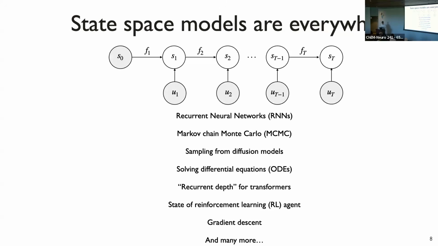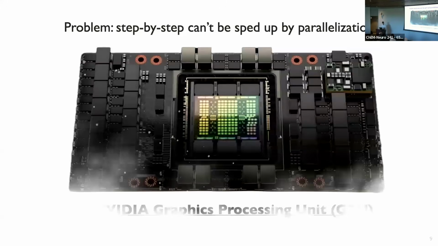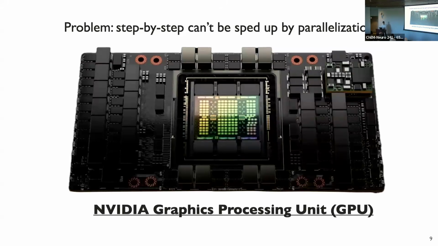Now, this all seems well and good. It seems like certain computations are inherently sequential to govern the inherently sequential processes that we see in our world. But the problem is that these state space models that seem to go step by step couldn't be sped up by parallelization. And that's become particularly a problem in recent years with the advent of massively parallel machines.